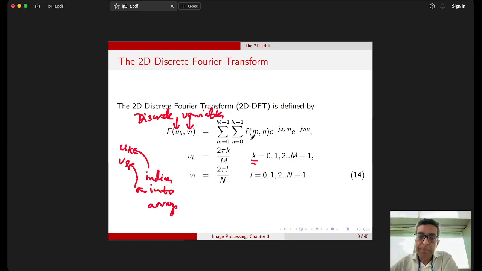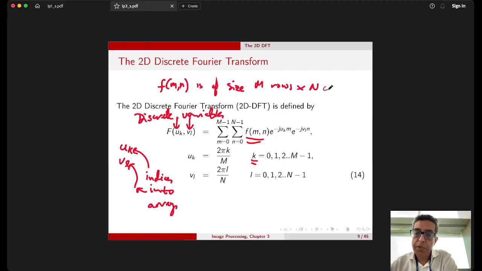Now here, fmn is our image. And so fmn is of size m rows by n columns. Okay, so it's a large M by large N image array.